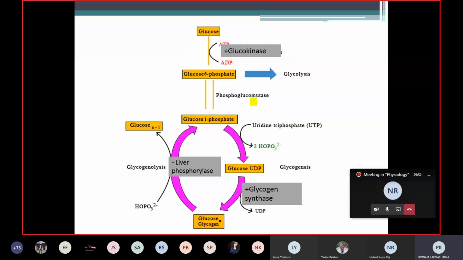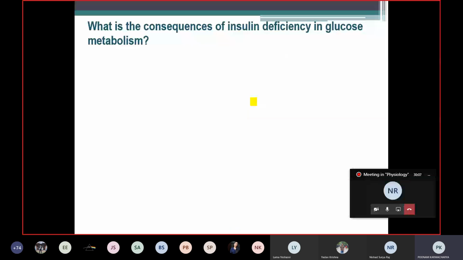Glucose will now be available in our body for energy production in between meal times, right? So that was about the effect of insulin in glucose metabolism or carbohydrate metabolism.